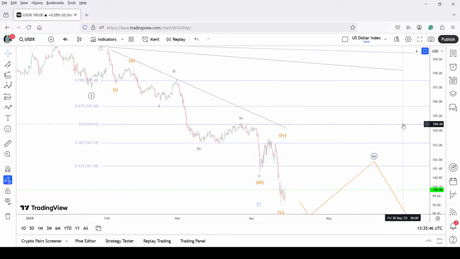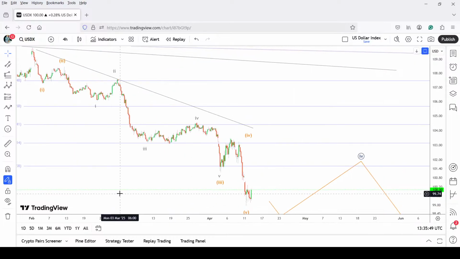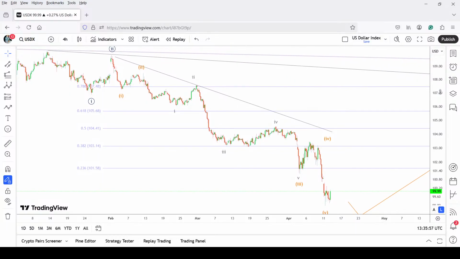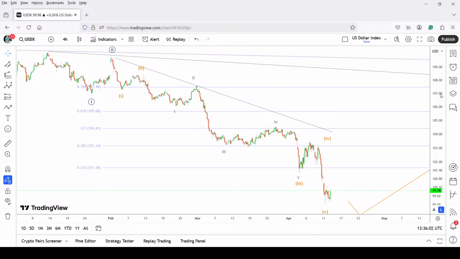What we are seeing on the screen right now is a 4-hour chart for the dollar index. First, let us understand the price action point of view. A potential flat or a triangle is underway now.